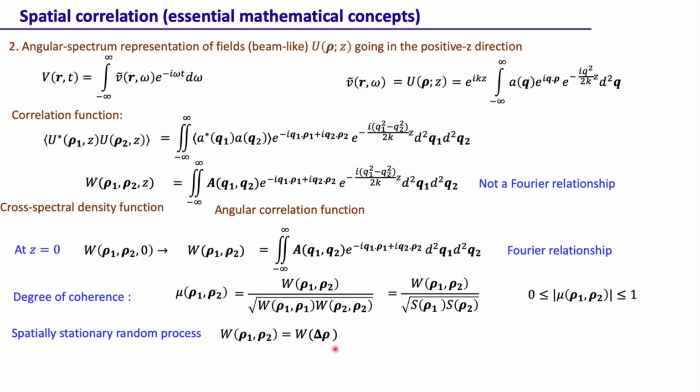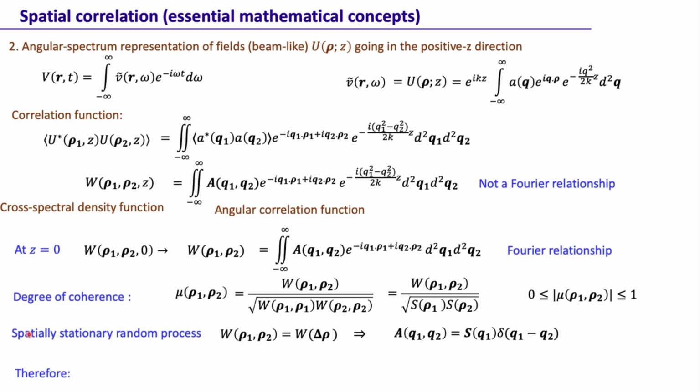If this side depends only on delta rho, then this side also has to depend only on delta rho, and the only way that can happen is when A(q1, q2) has this form, S(q1) delta(q1 minus q2). And this basically says that if the process is spatially stationary, the different q components should be completely uncorrelated. This is the same as what we had for the temporally stationary process. This is the same condition.